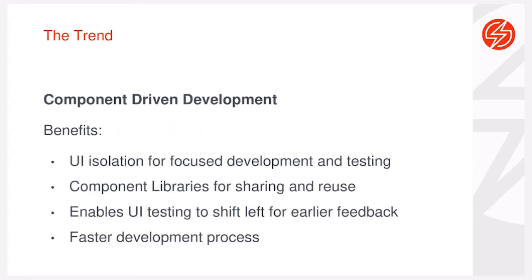Building UIs using components has some benefits, and I've listed some of them here. Dev and QA teams can isolate UI components for development and testing. These component libraries can be shared and reused across teams, which allows teams to shift left for faster feedback, which ultimately leads to faster development.